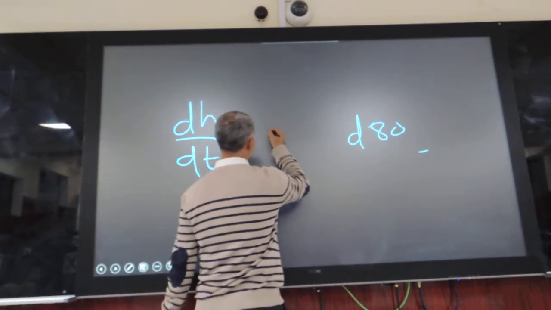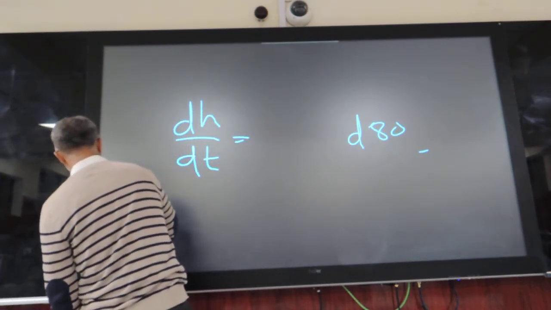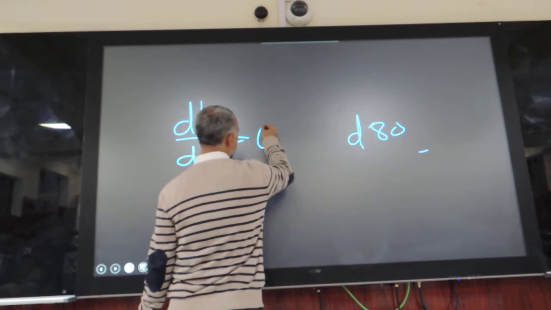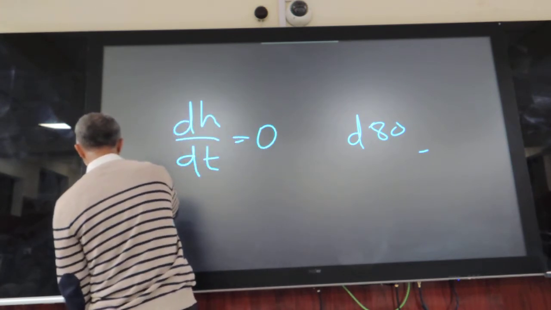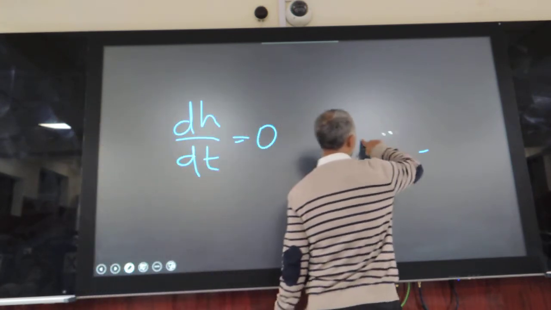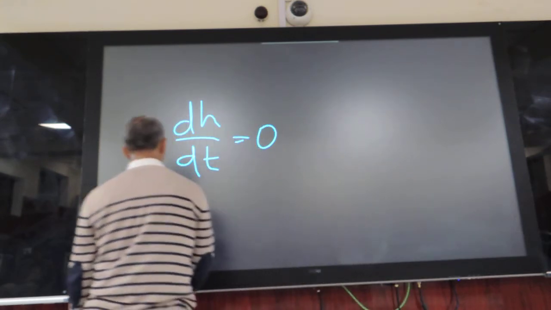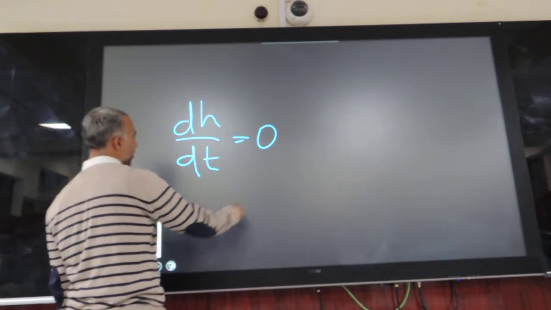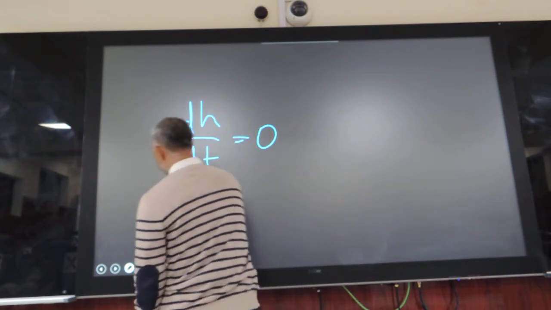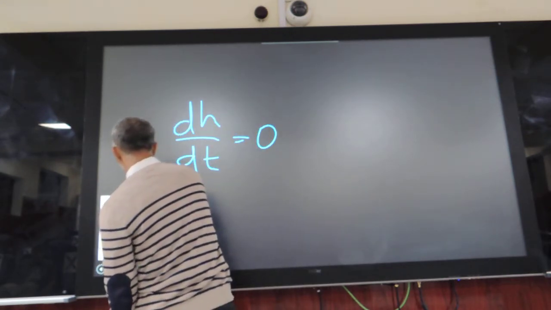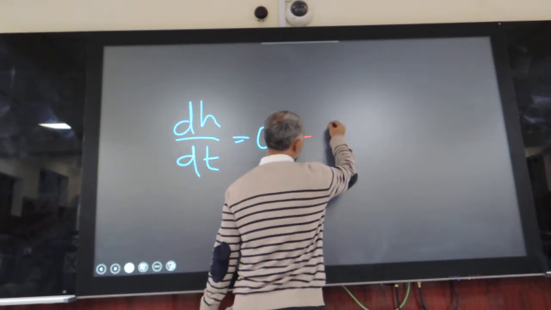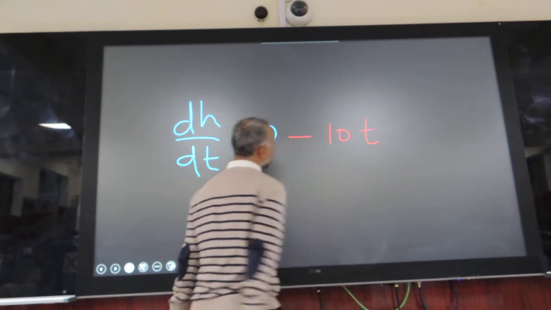So here is a 0, and for the other part, minus 5t square, of course it will follow the concept of derivative, so it will become minus 10t.